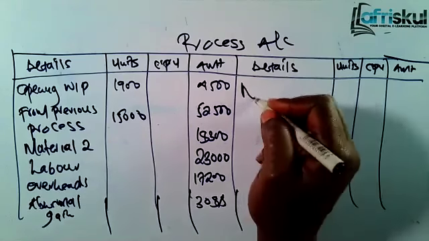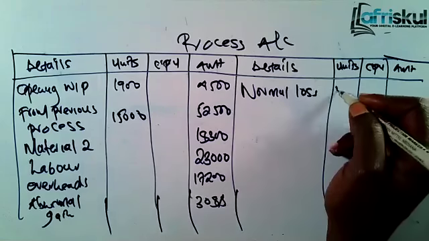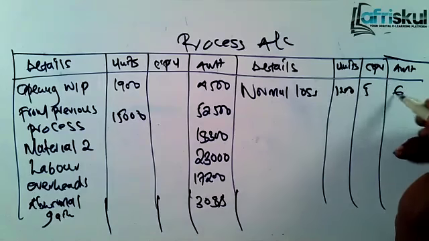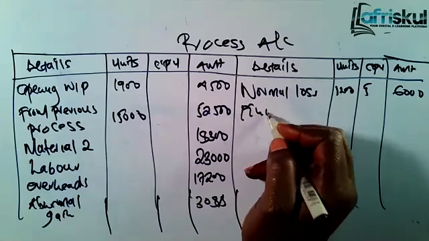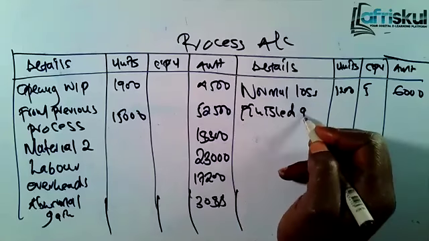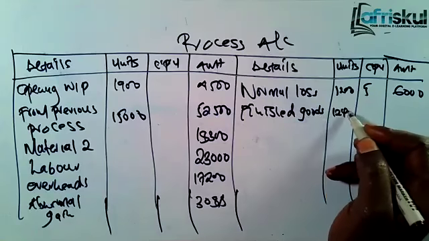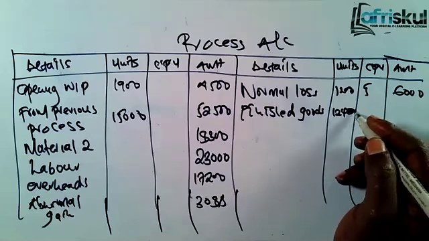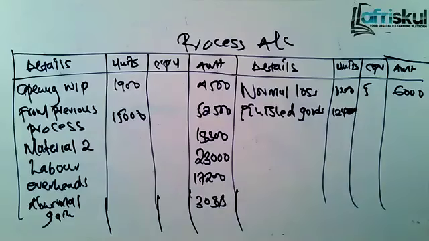The output: normal loss, 1,200 units. We had done it, the value was 6,000. And then we have finished goods. Finished goods was 12,400 units.